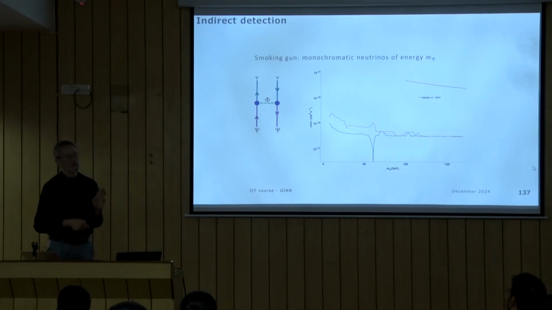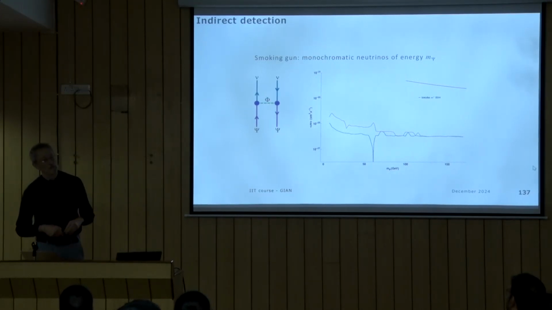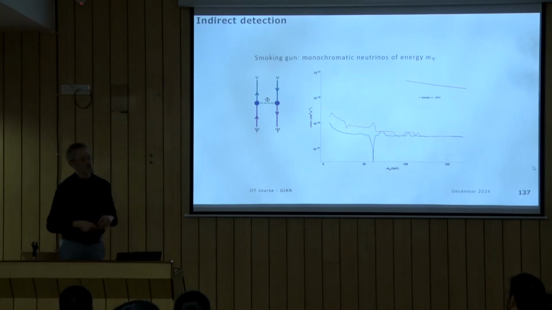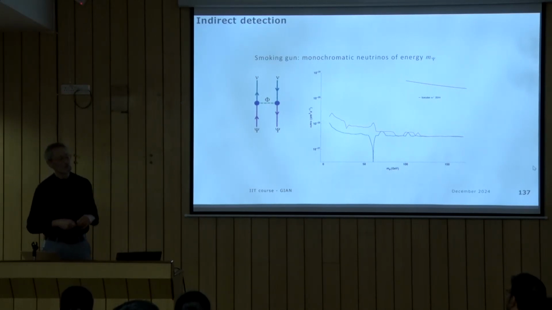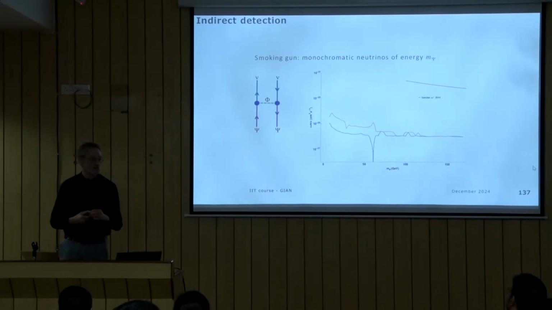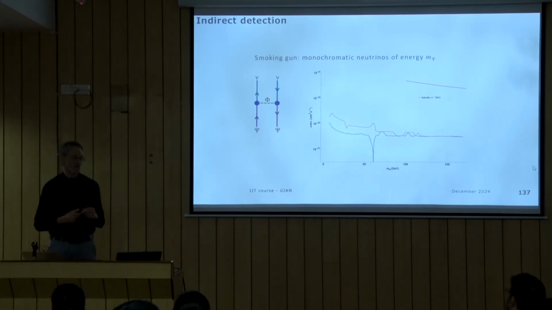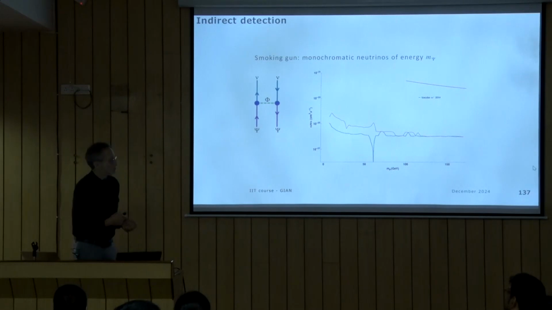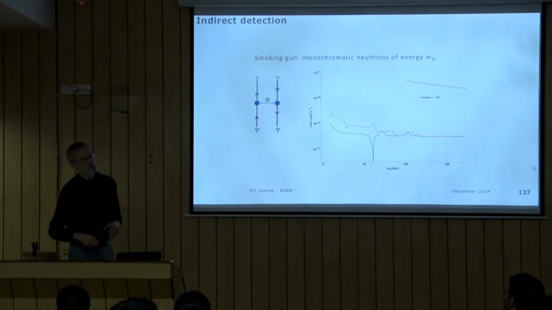Extracting an indirect detection signal for dark matter is very challenging because it's contaminated by astrophysical sources which we just don't know enough about. Even in the case where I'm telling you there's a very smoking gun signal, a monochromatic neutrino beam coming, there's more.